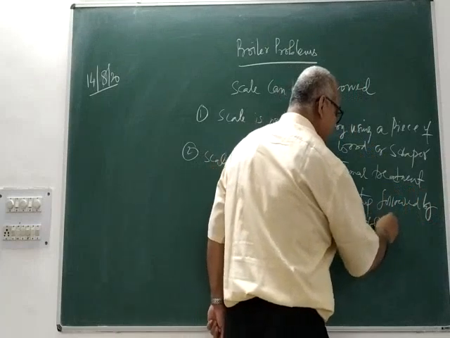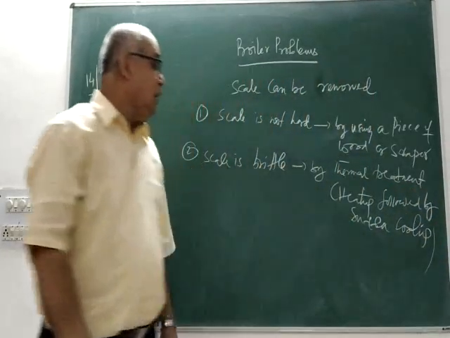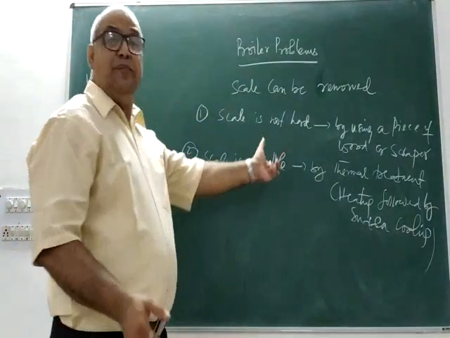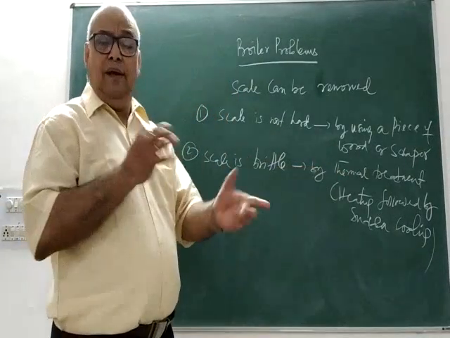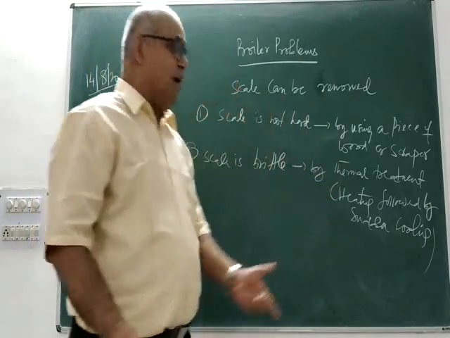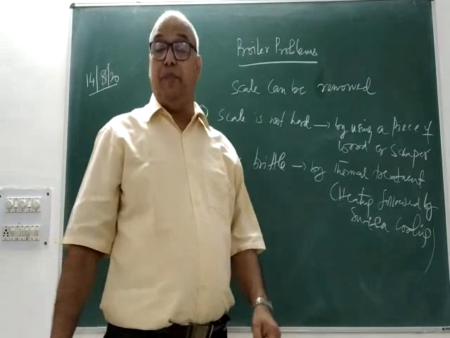Try to understand. This treatment is known as thermal treatment. If your scale is brittle in nature, then it can be removed by thermal treatment, we have to heat it and it will be followed by sudden cooling, and because of that brittle kind of scale can be removed.